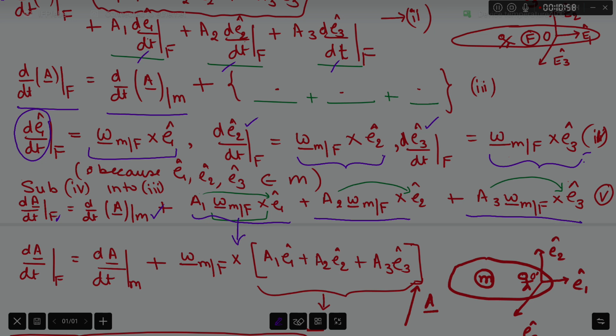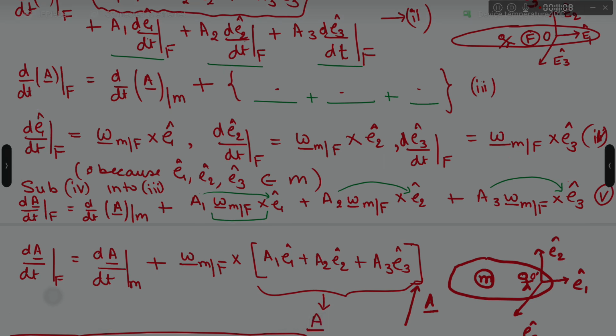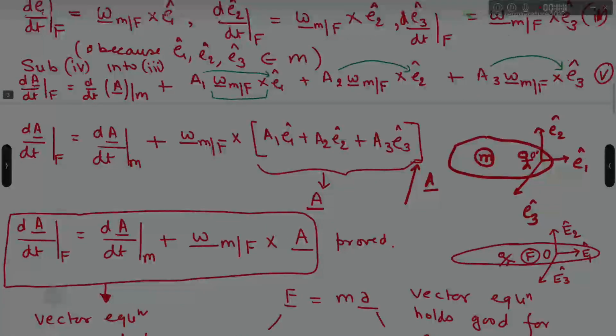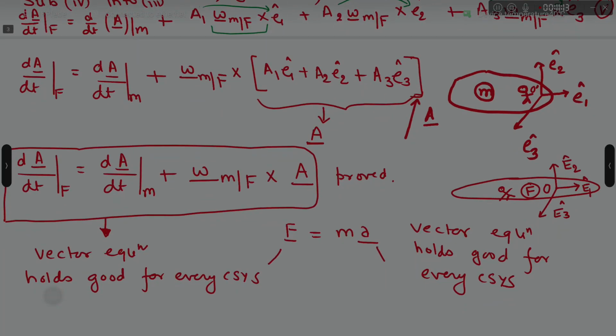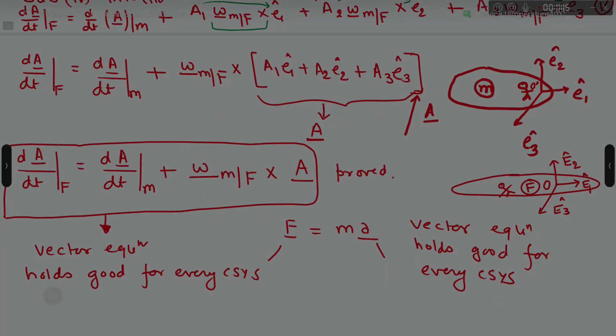I take omega mf cross outside and take A1 e1, A2 e2 and A3 e3 inside. That leads us to this form of the equation.